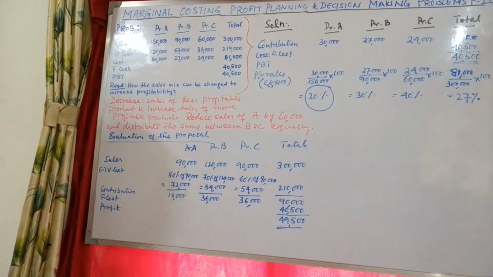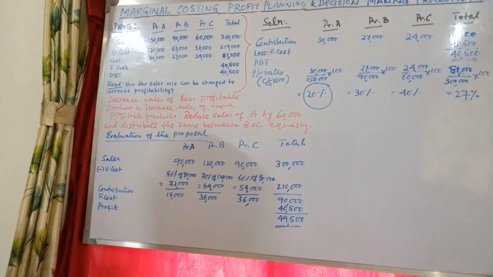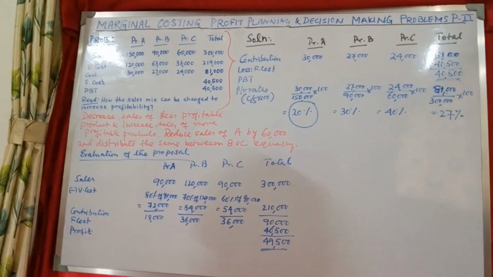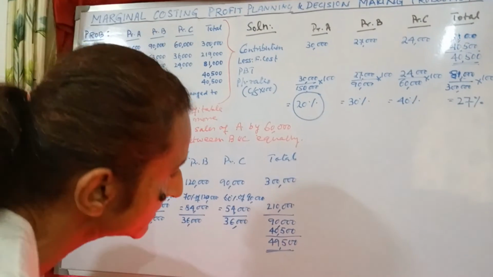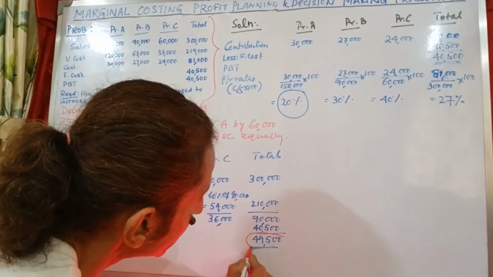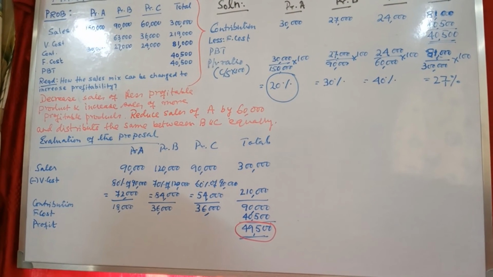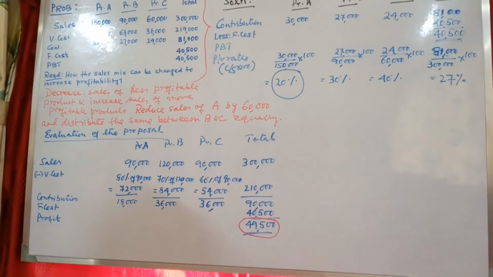Okay, so this is the new profit, that is the estimated profit as a result of change in sales mix.